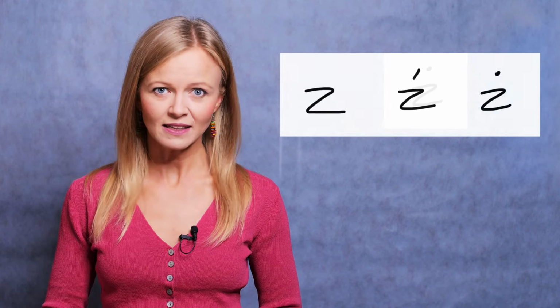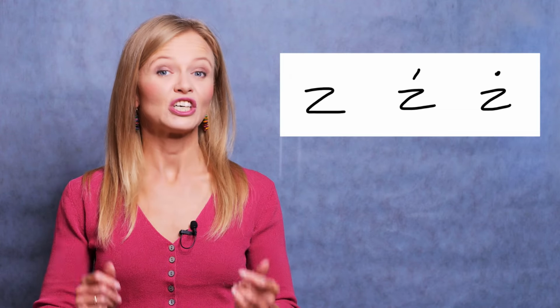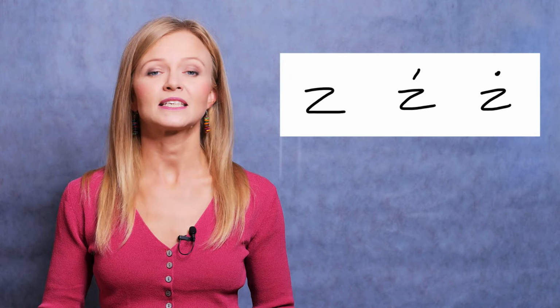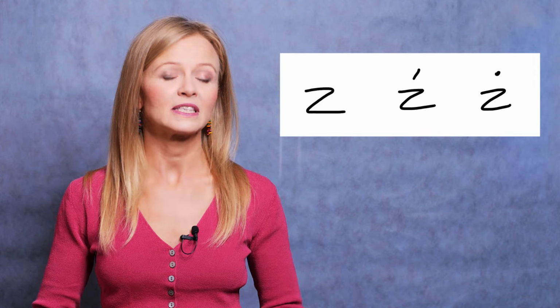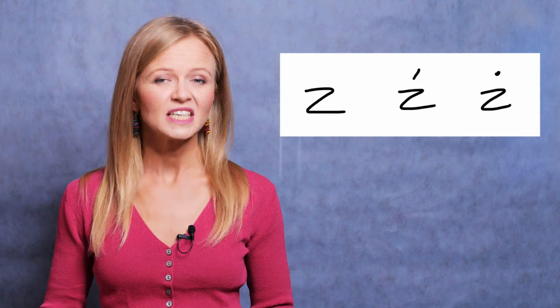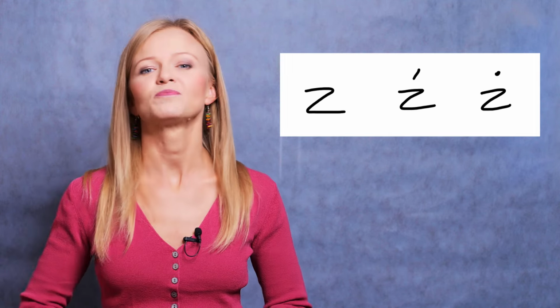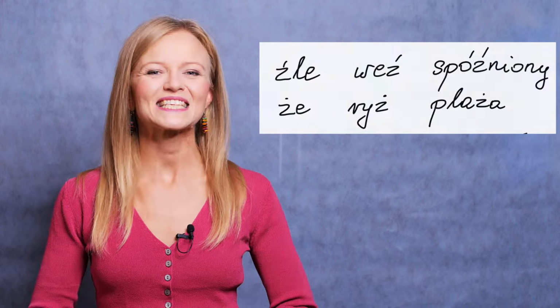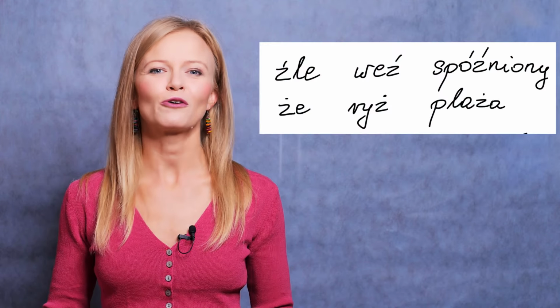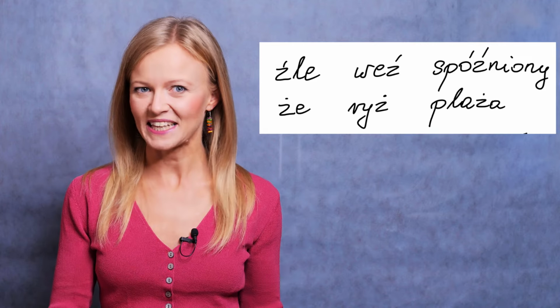So we have Z, a regular Z, we have ź, this is Z with an acute accent, and we have ż, and this is Z with a dot above. Look at some examples of both these letters in the handwriting.